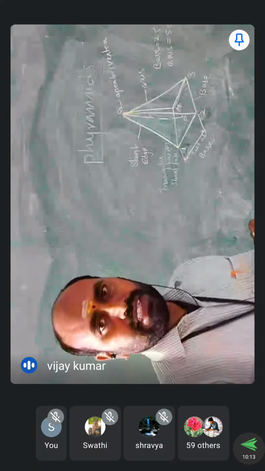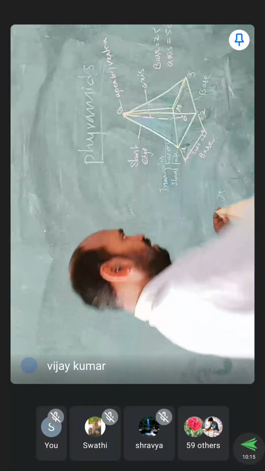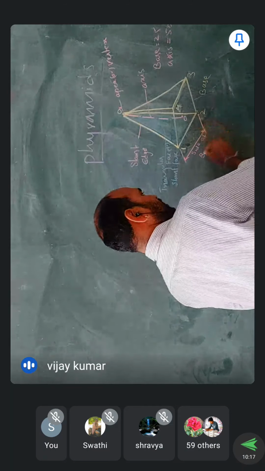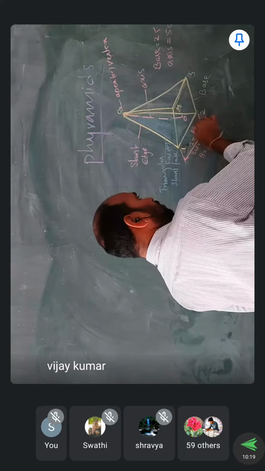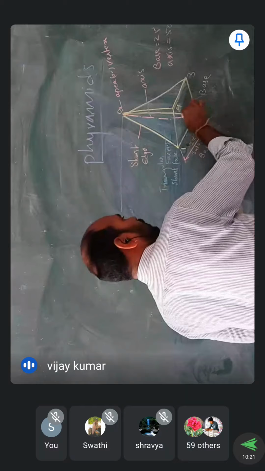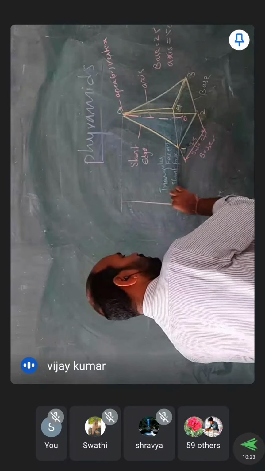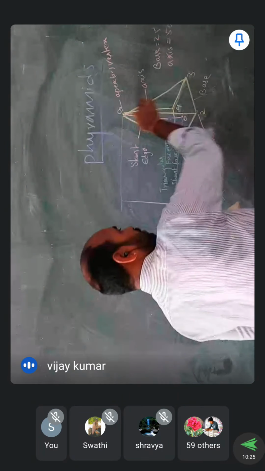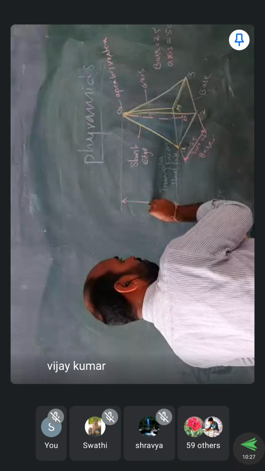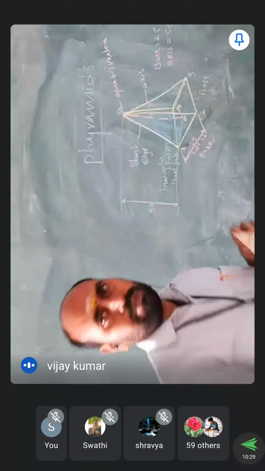Base 25, axis is 50. It means the side of the base edge is given as 25 and the total height from the center to the apex is 50. You have to remember it like that.